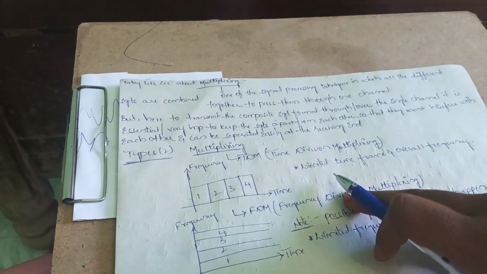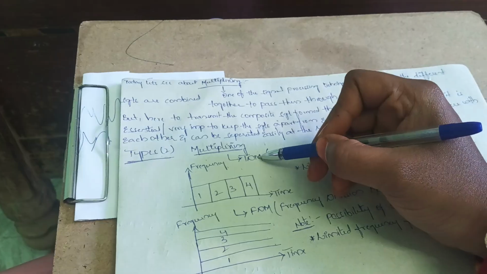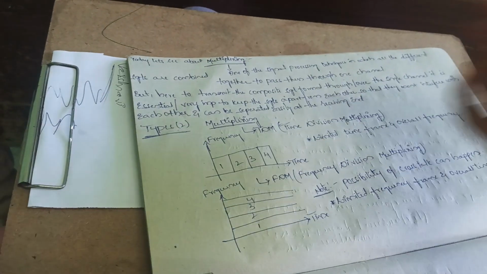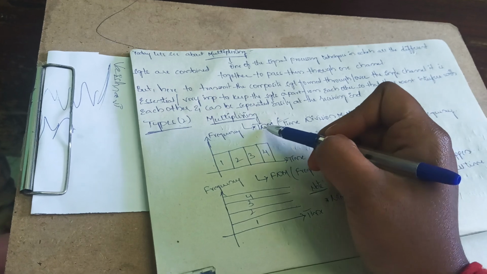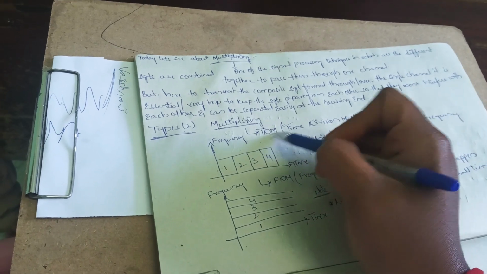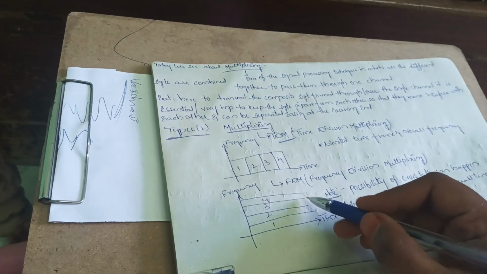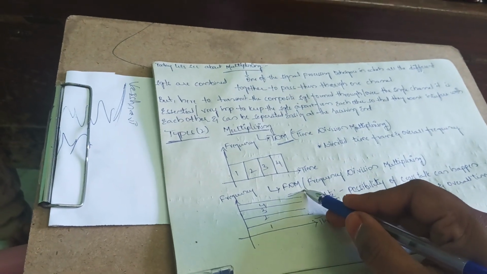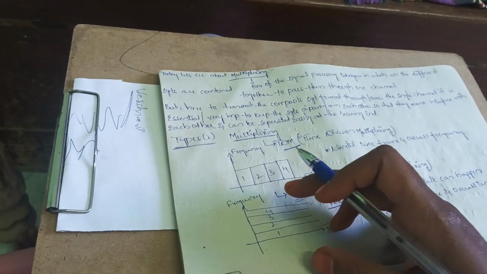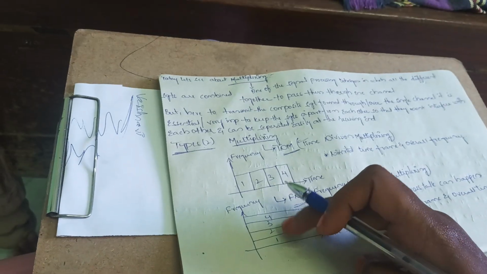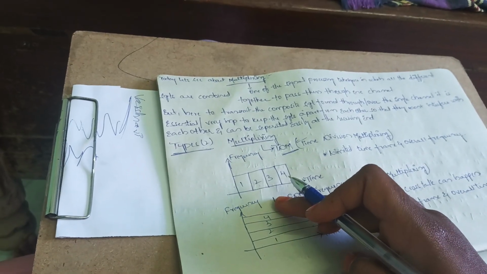Next, we have frequency division multiplexing. This is TDM, the first one, and this is FDM. I am underlining the techniques. This is TDM and this is FDM. In FDM, these were the four users: user 1, user 2, user 3 and user 4.